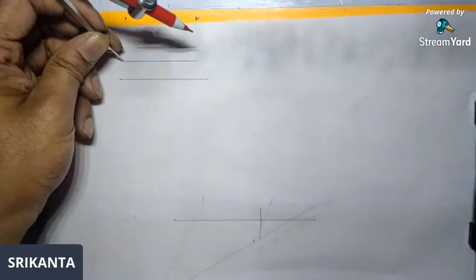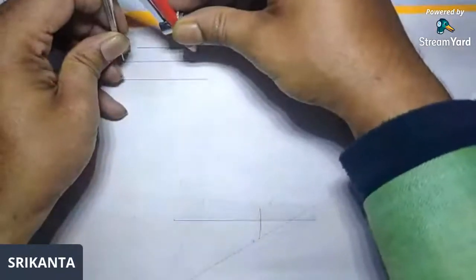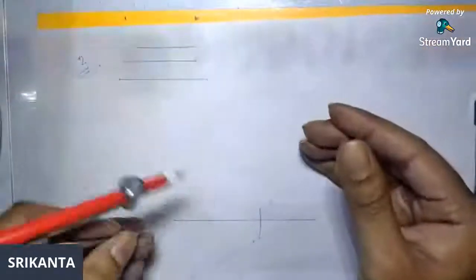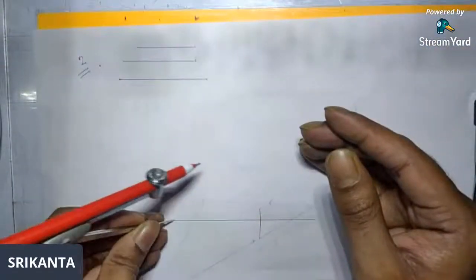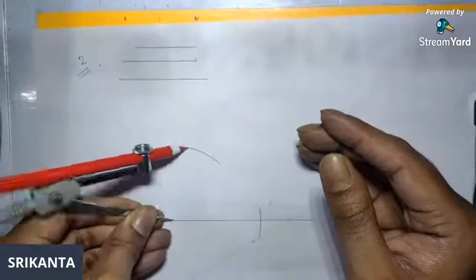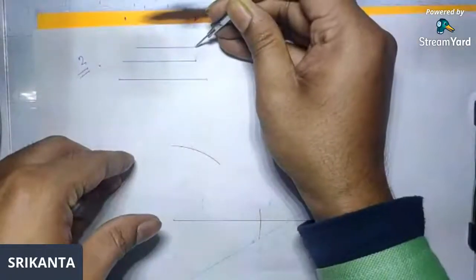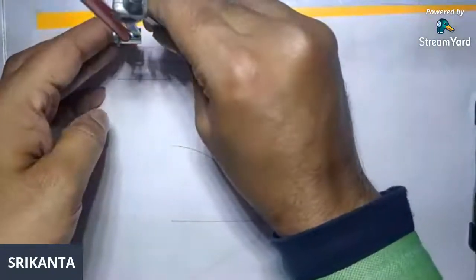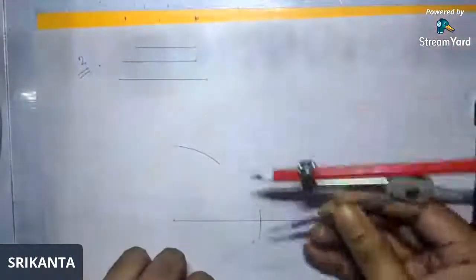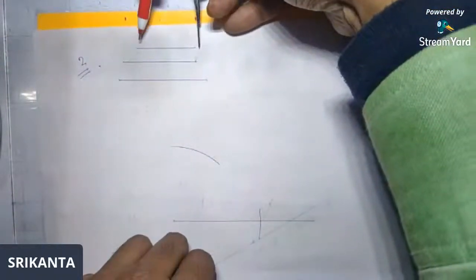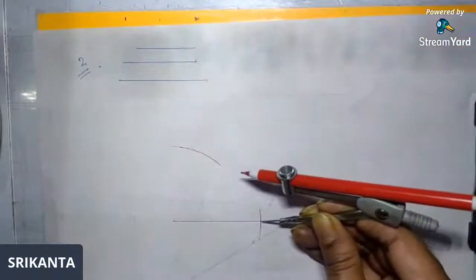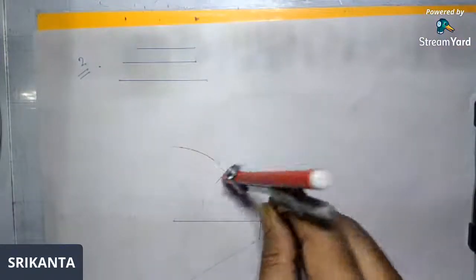Take the smaller one, measure it, point it here, draw it. Again, take the smaller one, measure it, right? Measured it, put it here, right?